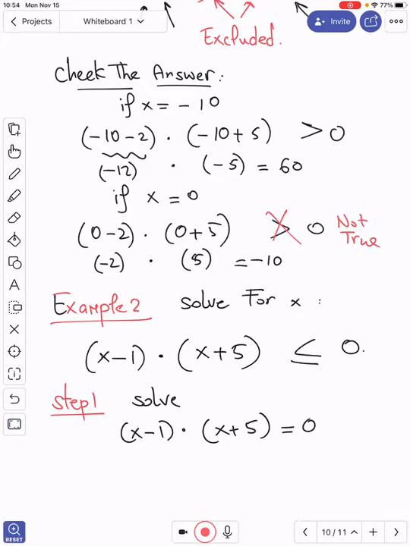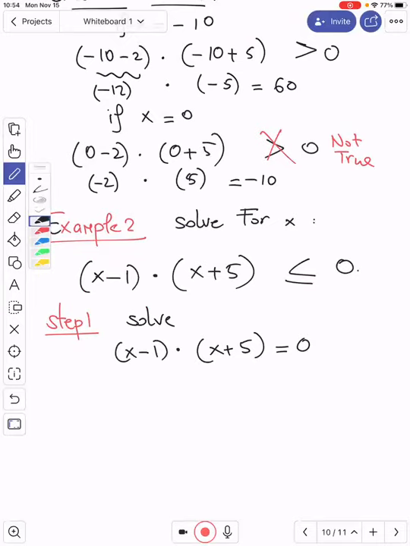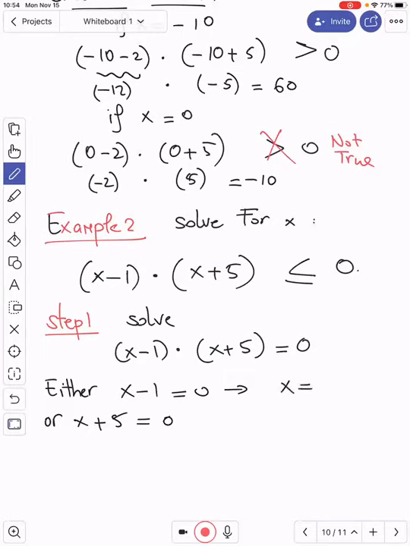From this step, the solutions are: either x -1 is 0, so x is +1, or x +5 is 0, so x is -5, of course. So we got these two solutions.